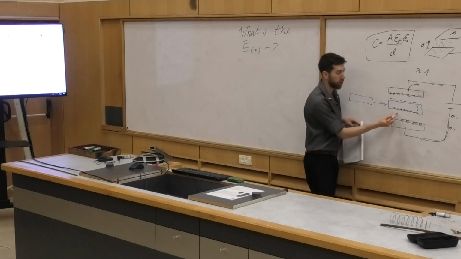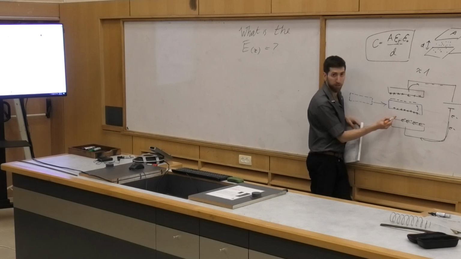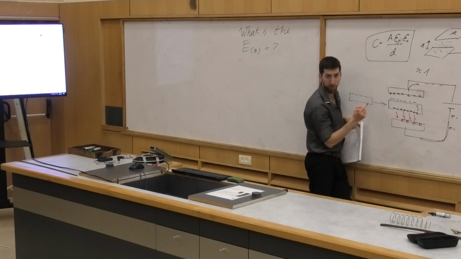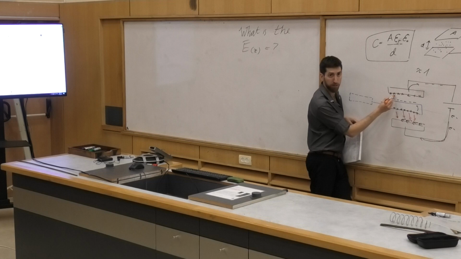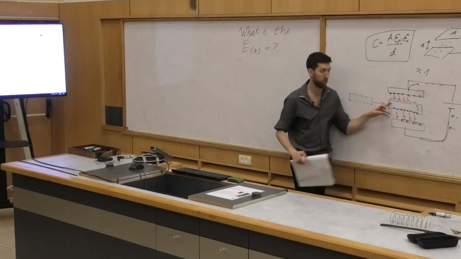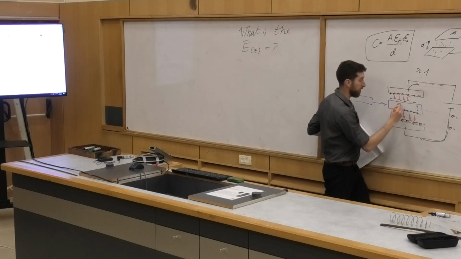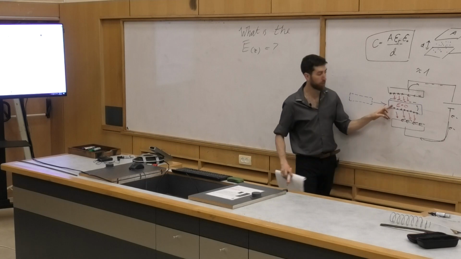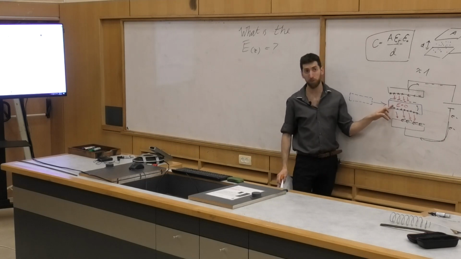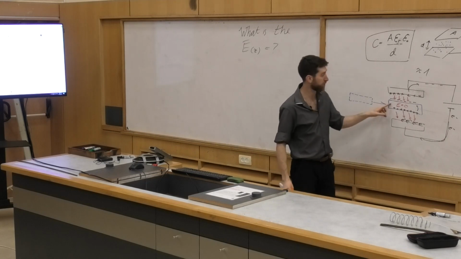So here, what is the direction of the electric field? From plus to minus, right? That's what we're going to have here. Yes? And here, the same thing. What is the electric field inside a conductor? 0. Okay, this is something from the lecture. In a perfect conductor, the electric field inside is always 0. It cannot accumulate any voltage.